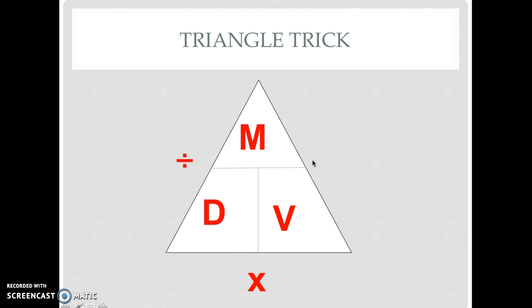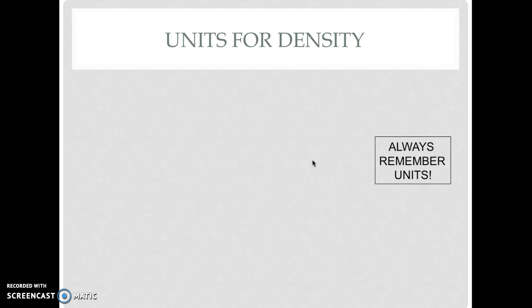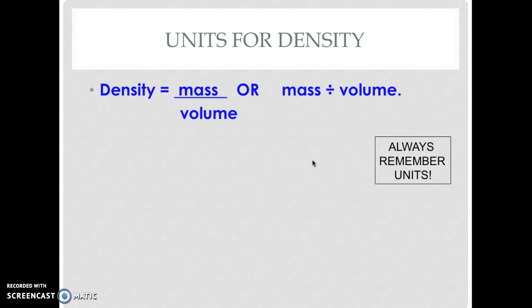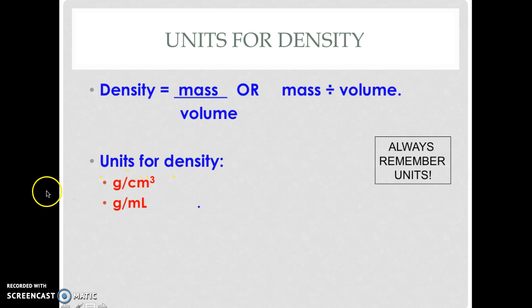Next, always remember the units. Density is mass divided by volume. The unit of density is gram per centimeter cube, and another unit is gram per ml. If it is centimeter cube, that means the object is a solid.